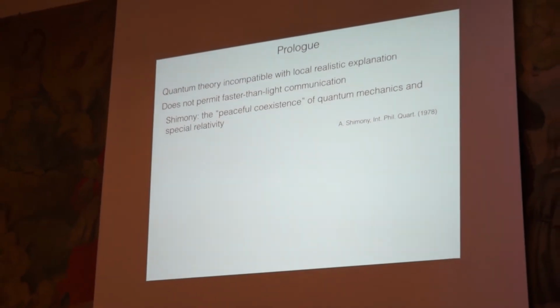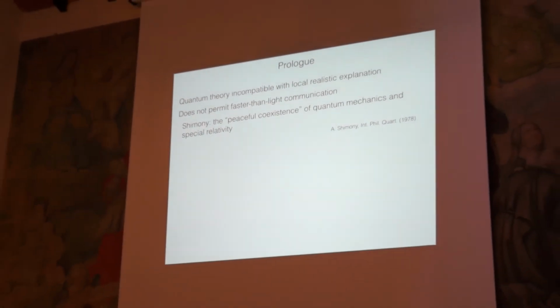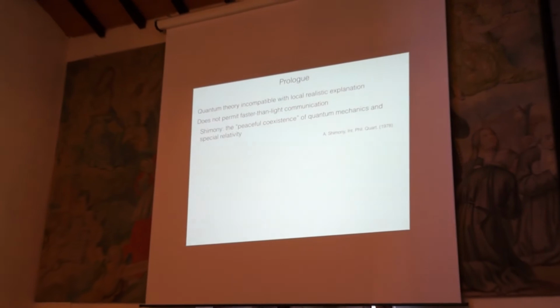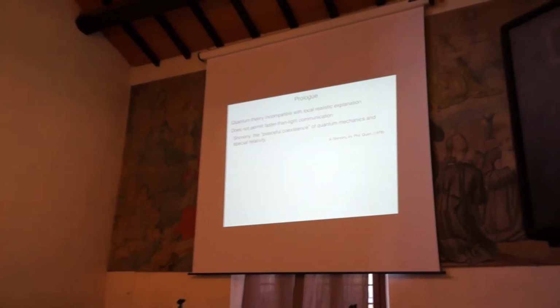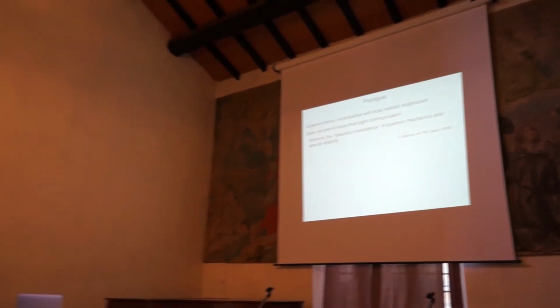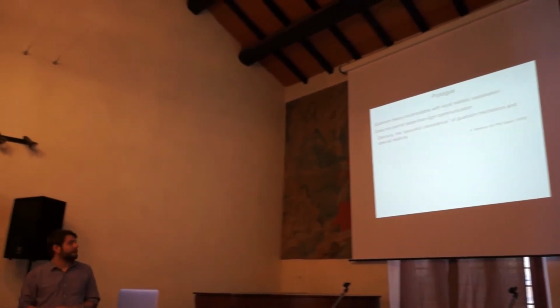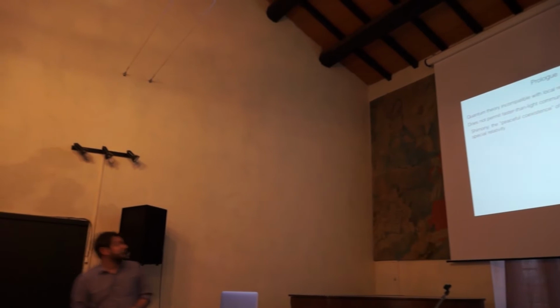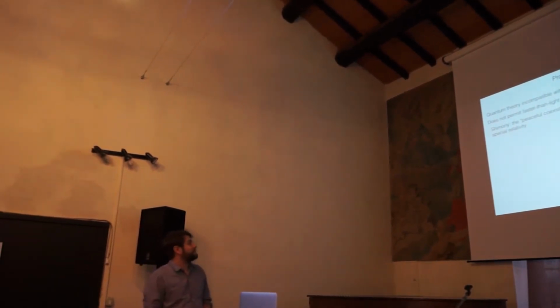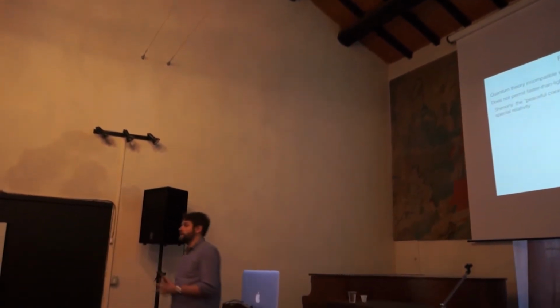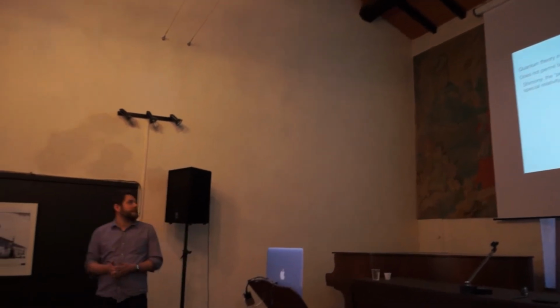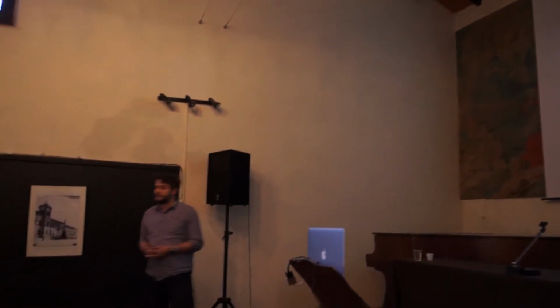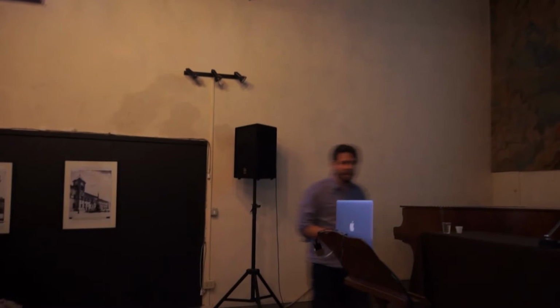And the broader historical context of this was really in the 90s, before these recent reconstructions came in. So we know quantum theory is incompatible with a local realistic explanation. However, it does not permit faster-than-light communication, so Shimony, as I'm sure we all know, called this the peaceful coexistence of quantum mechanics and special relativity.